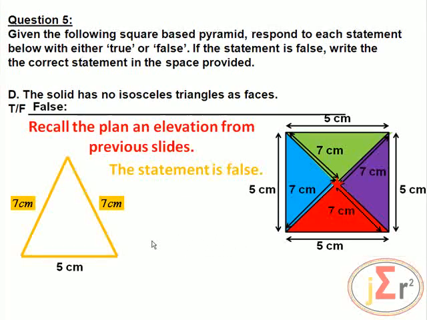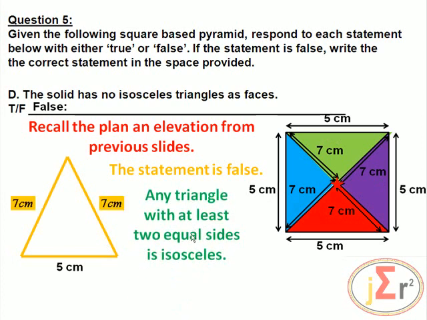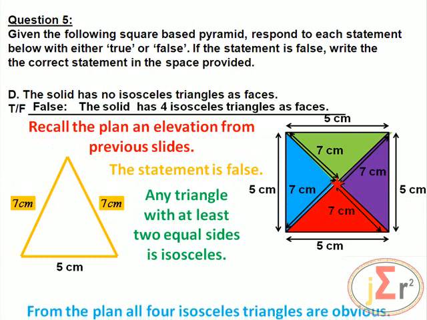The statement is false because all of these triangles are isosceles with these sides both equal to 7 centimeters. So we are sure that all of the triangles are isosceles, and we have 4 of them. Any triangle with at least 2 equal sides is isosceles. The solid has 4 isosceles triangles as faces.